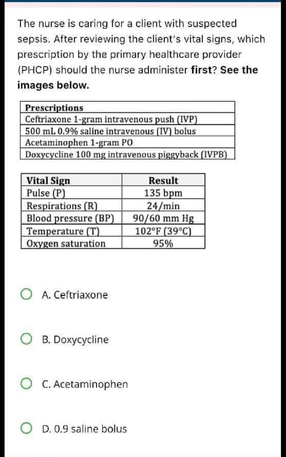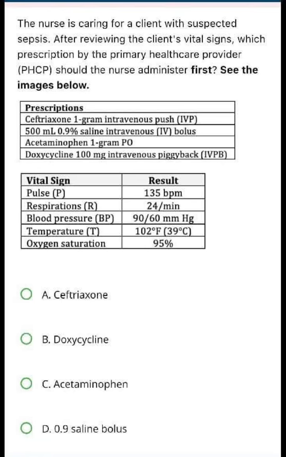So the emergency we have is between pulse of 135, blood pressure of 90/60, and temperature of 39. The two things that are out of the way are respiration of 24 and oxygen saturation of 95. So the three major things we have are pulse, blood pressure, and temperature.